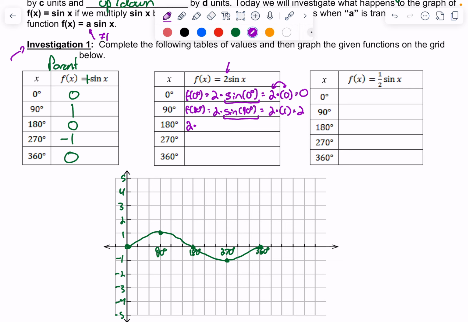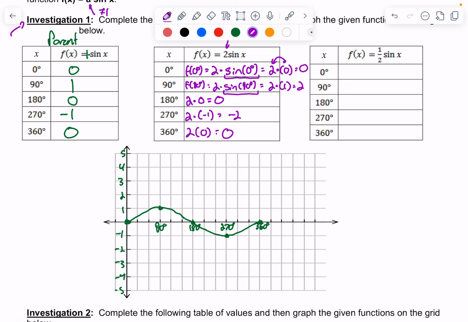So 2 times 0, 0. 2 times negative 1, negative 2. 2 times 0 is 0. Let's plot those points. So remember, you're creating ordered pairs here. So at 0 degrees, you're at 0. 90, you're at 2. So if we plot these points, 0 here, 90, you're at 2.